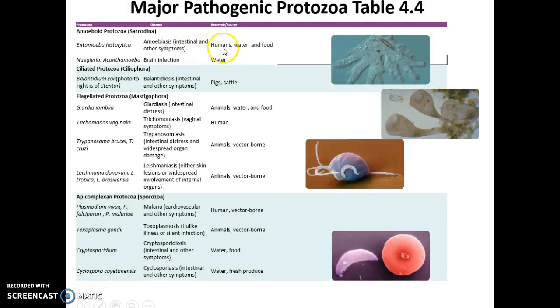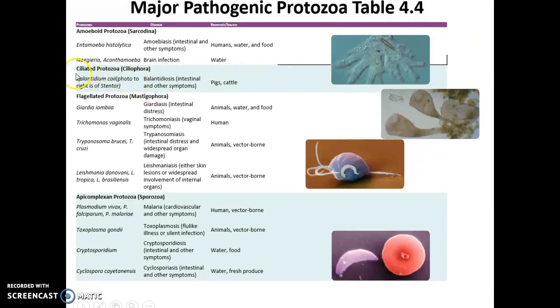The reservoir is going to be humans, water, food. It's something that you might come down with if you go camping and you use stream water instead of bottled water, or your food isn't cooked properly, or you wash your food in the stream water. This parasite can live in streams.